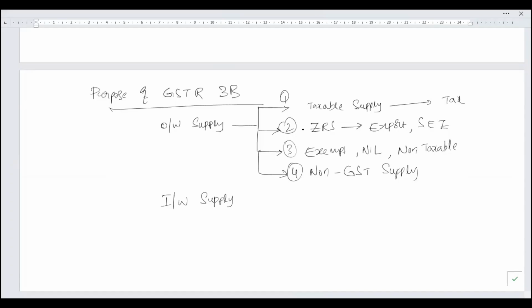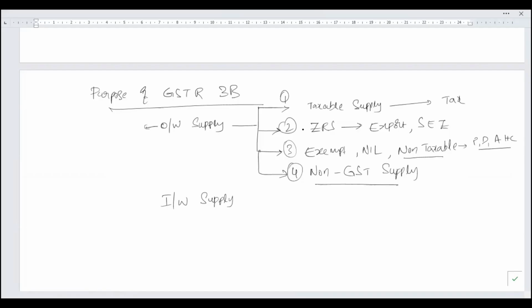Now, there is a slight difference between non-taxable supply and non-GST supply. Non-taxable supply is like your petrol, diesel, and alcoholic liquor for human consumption. These I call non-taxable supply. So they want to know, as a business person, what your turnover is, what your outward supply is.